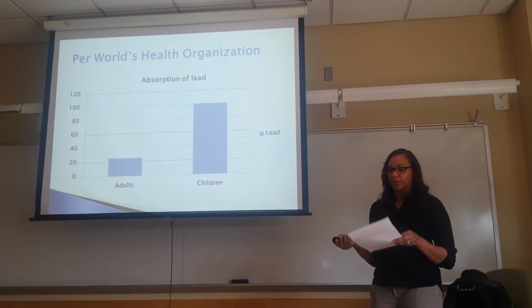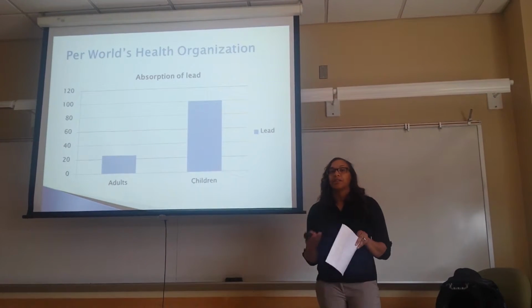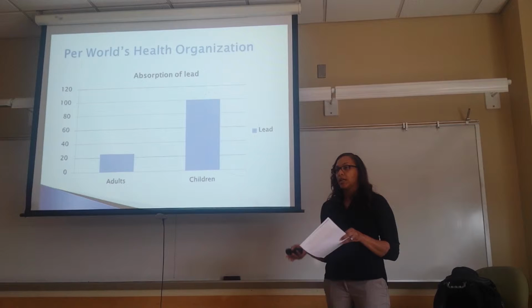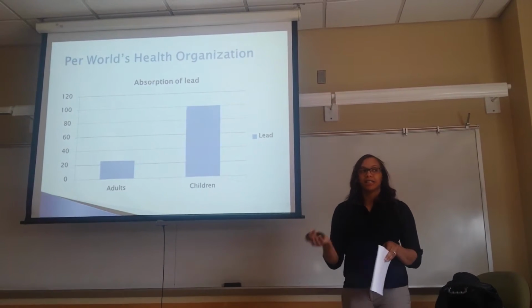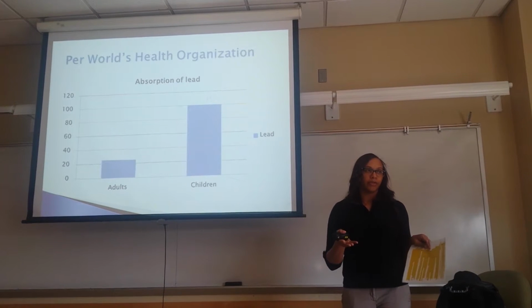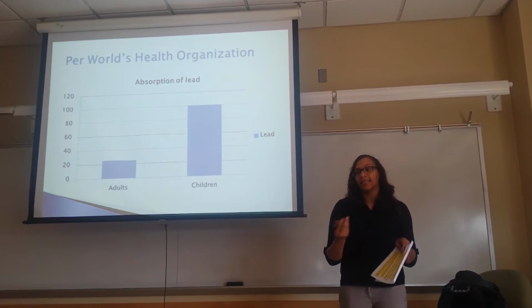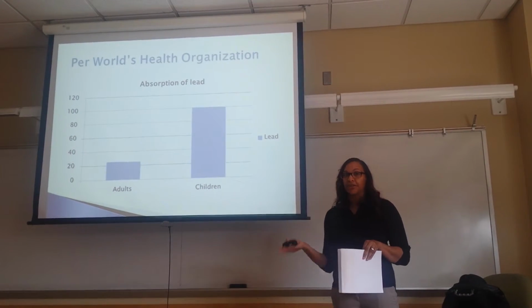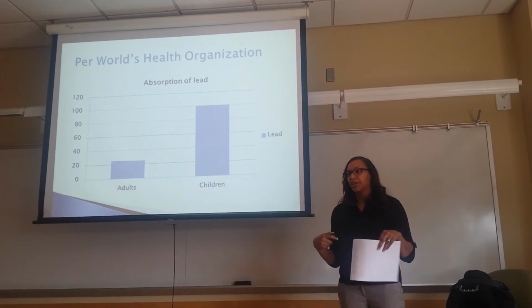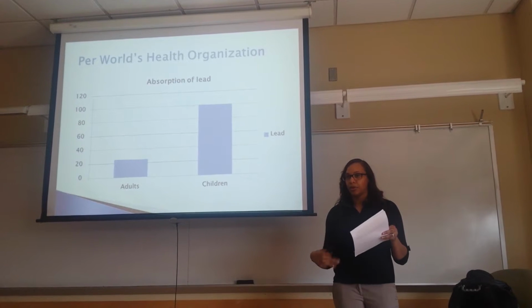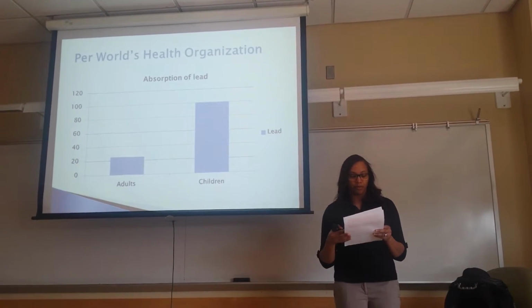Children are more susceptible between the ages of 1 and 5 years old to getting lead poisoning because they tend to touch things that can be contaminated with lead, or put these things or their fingers in their mouths, transferring the lead into their bodies, through their bloodstream and eventually to their brain.